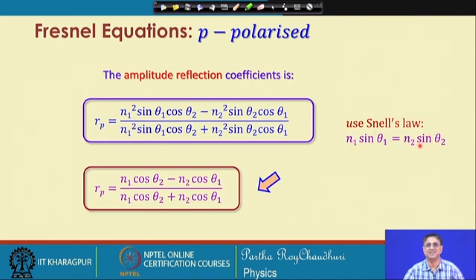Therefore, using this connection we can again rewrite this equation, so that N 1 sin theta 1 will give me N 2 sin theta 2, which will also appear here, N 2 sin theta 2.